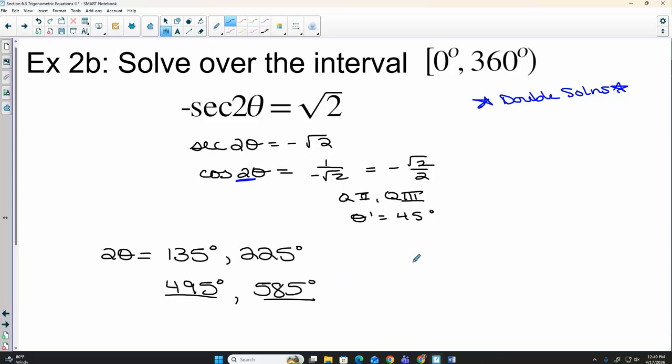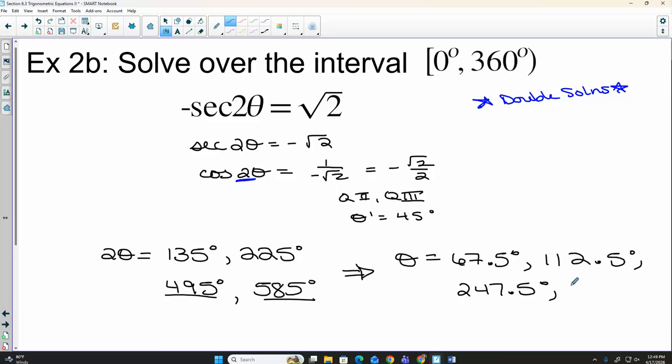That's what 2 theta equals. So how do I get theta? Divide each of these by 2. I get 67.5 degrees, 112.5 degrees, 247.5 degrees, 292.5 degrees.